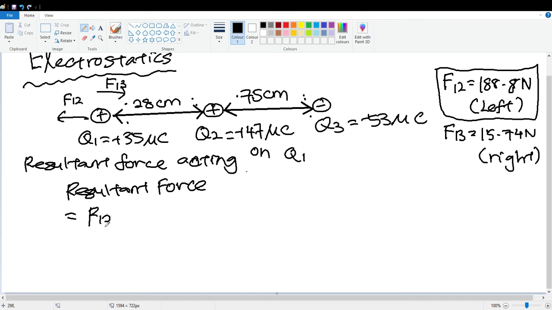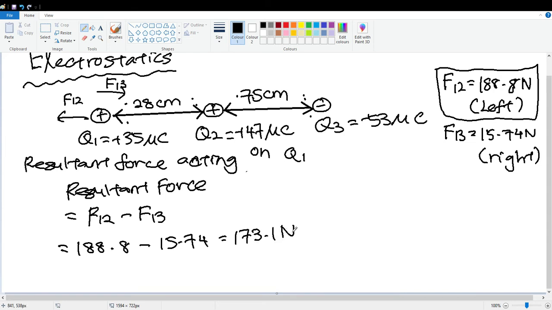F12 minus F13: 188.8 minus 15.74, and what we get is 173.1 Newton. So this is the final answer, and this is only the magnitude.